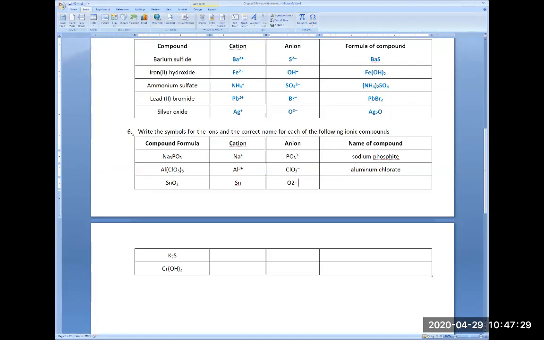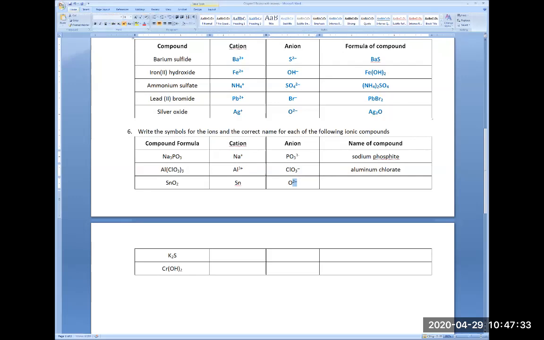Oxygen is a predictable ion. It's a non-metal, so it's going to be a negative ion. And for non-metals, you do the group number minus 8. So 6 because oxygen is in group 6A. So 6 minus 8 is -2. Oxygen always makes the O-2 ion, and it's called the oxide ion.